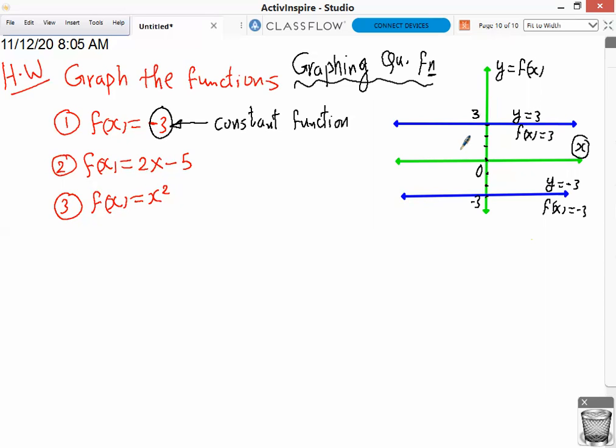Just check the number on the y-axis. Okay? It must be on the y axis. Draw a horizontal line.